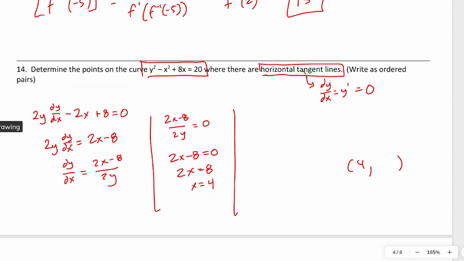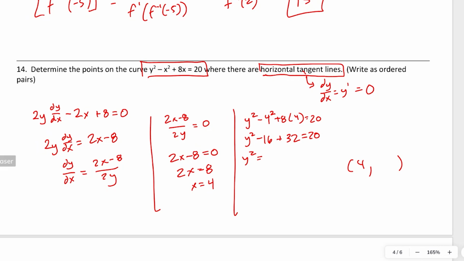Okay, so now I have my x, so I have y squared minus 4 squared plus 8x equals 20. Oh, and x is 4, so let's fix that. 8 times 4 equals 20 there. So y squared minus 16 plus 8 times 4 is 32 equals 20. 32 minus 16 is 16.